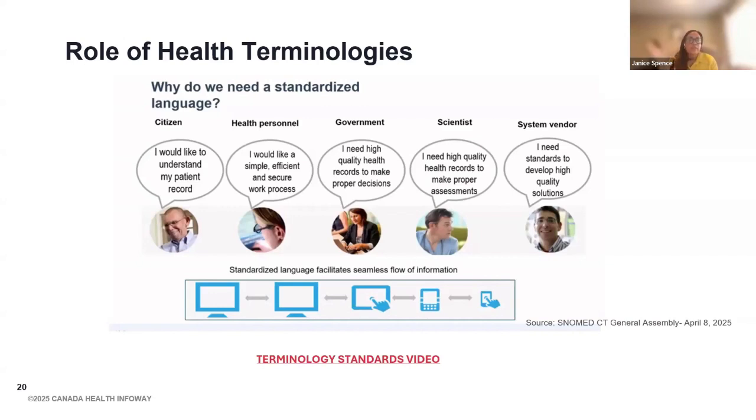They all have a stake in the interplay of the digital health ecosystem. So it does not just mean more standardized, seamless data exchange, but it has benefits to impact all players in connected care, both for direct care and for secondary use.